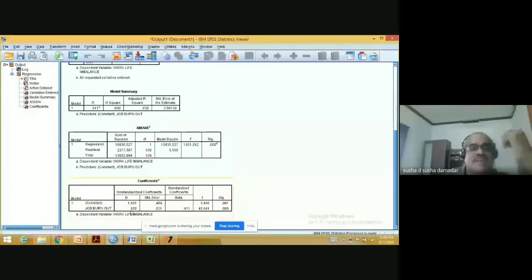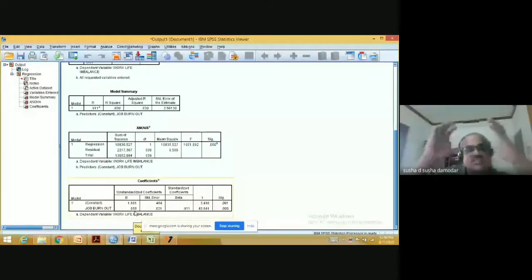There is a positive linear relationship between job burnout and work-life imbalance. If the job burnout is increased by 1 unit, automatically the work-life imbalance is increased by 0.858. So there is a positive relationship between work-life imbalance and job burnout. Therefore, our null hypothesis has to be rejected. What is the null hypothesis?